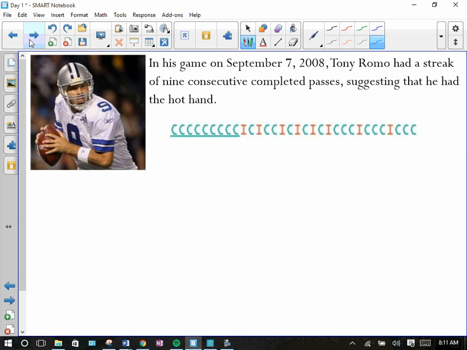We can still do that, but we're gonna change it around just a little bit, make it a little bit shorter. We also need to have our test statistic.